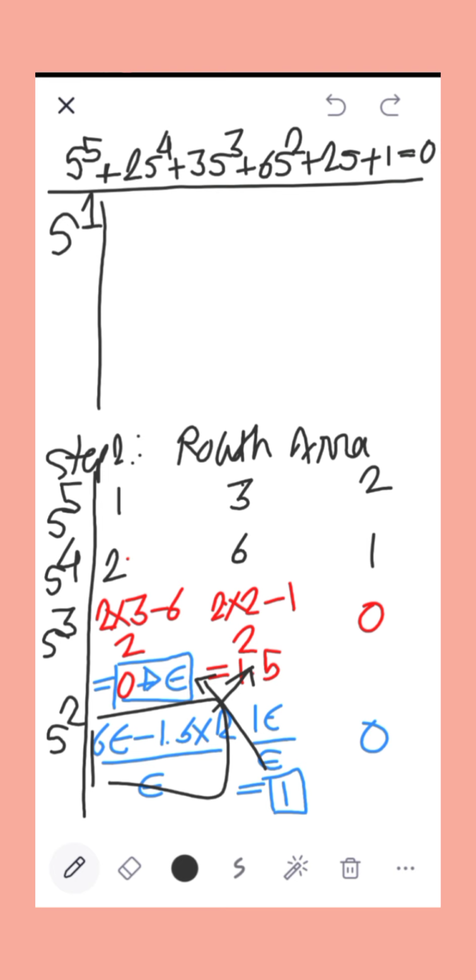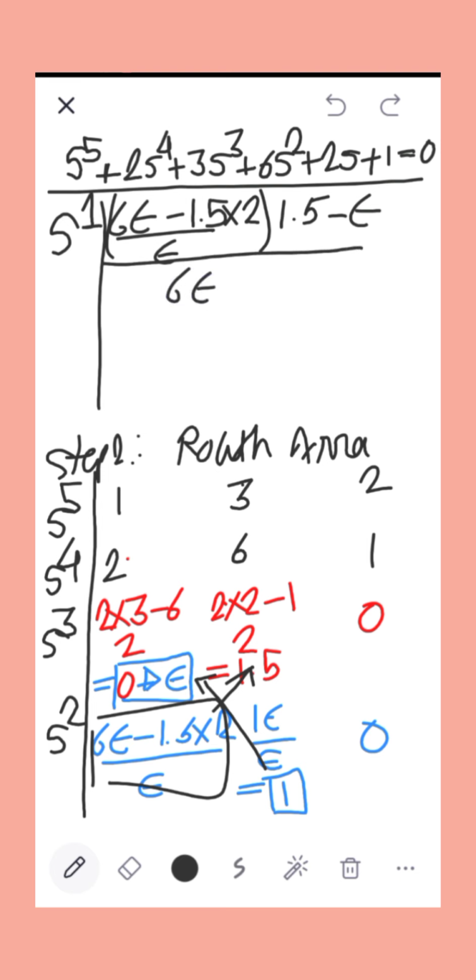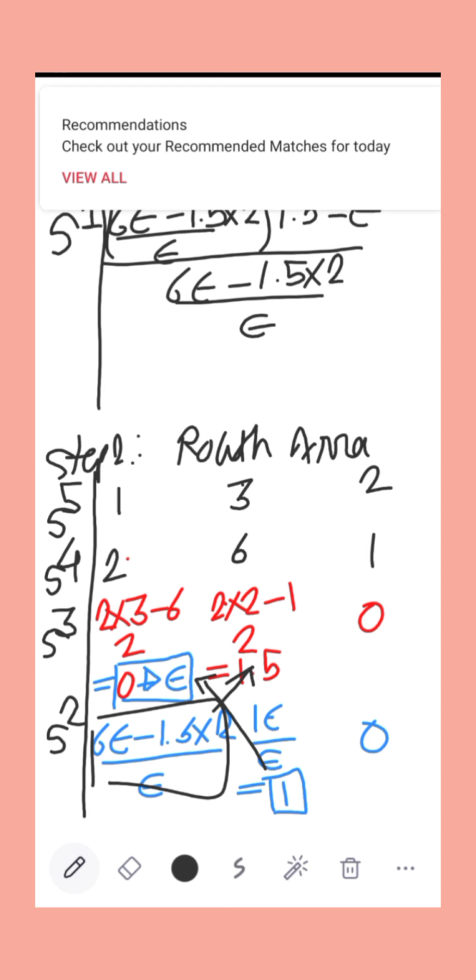Okay, so 6 epsilon minus 1.5 into 2 upon epsilon, into 1.5, minus epsilon upon 6 epsilon minus 1.5 into 2 upon epsilon.